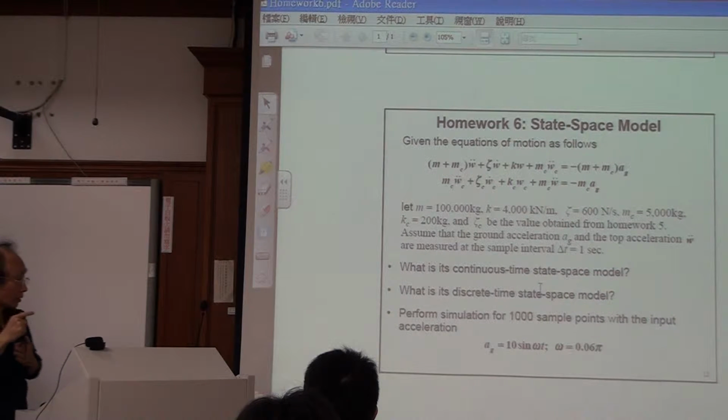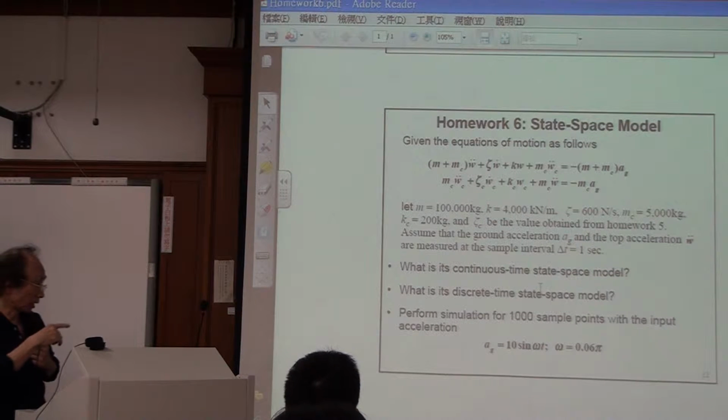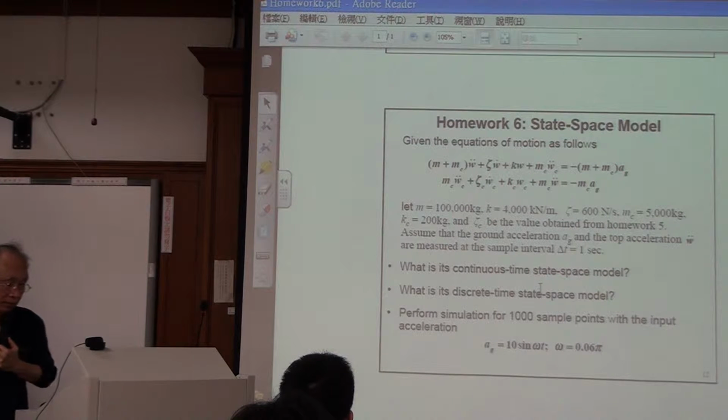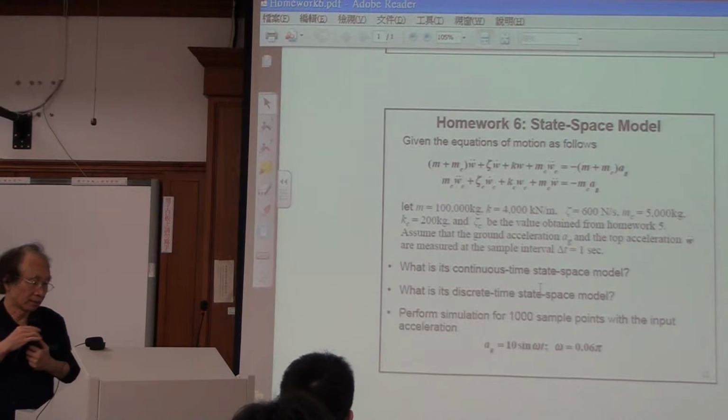And then I ask you to perform simulation for 1,000 sample points with the input accelerations. That is just a function to drive your system. That's AG, like an earthquake forcing function. This is an easy problem.